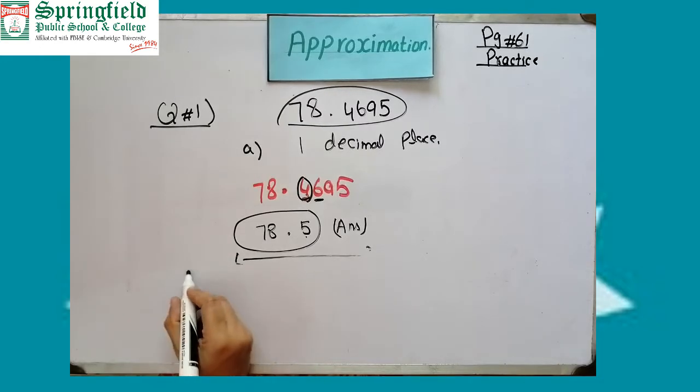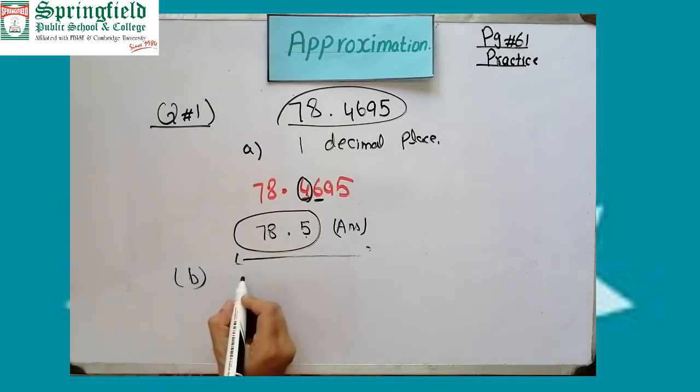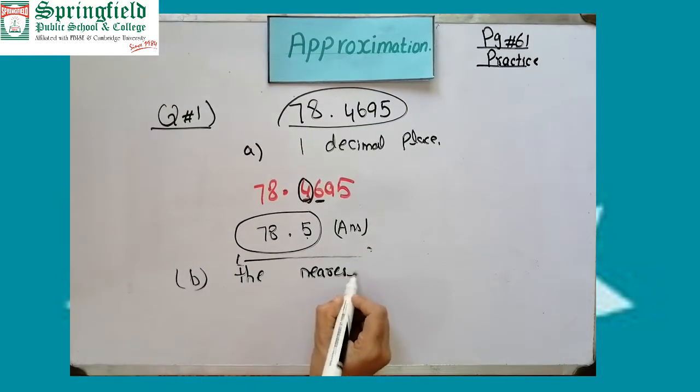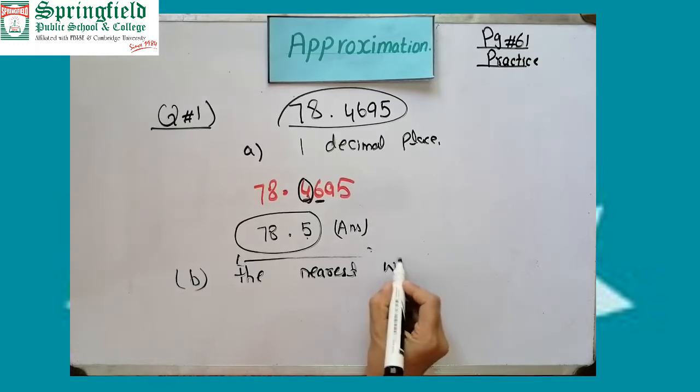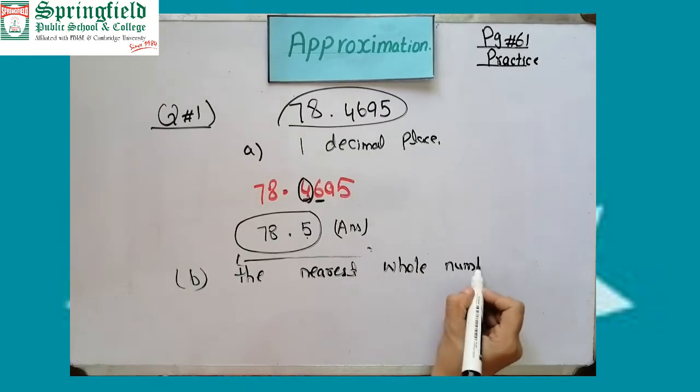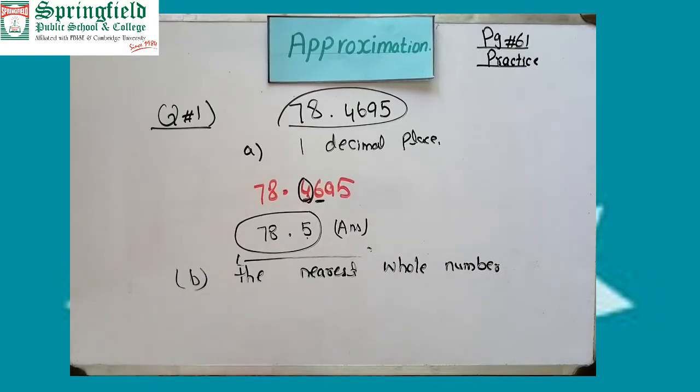Okay beta, come to the B part. The nearest whole number. Whole numbers mean numbers without a decimal point.